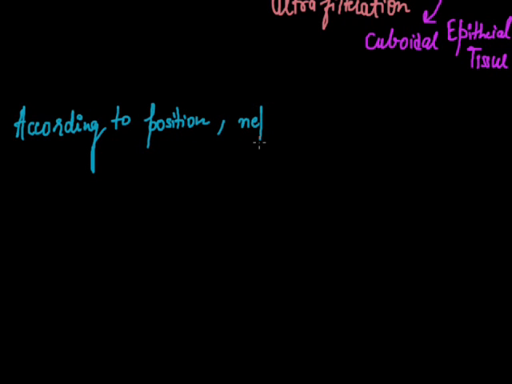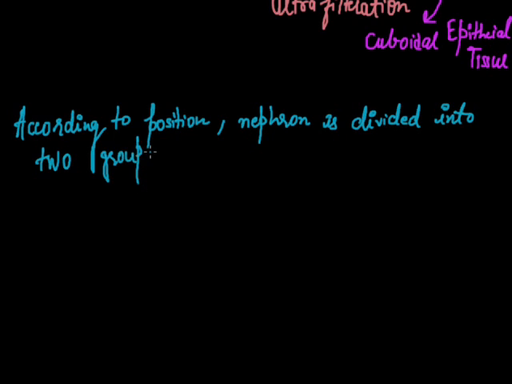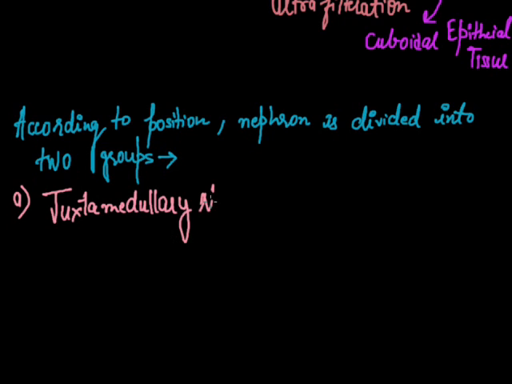Nephrons are divided into two groups. The first type is the juxtamedullary nephron.